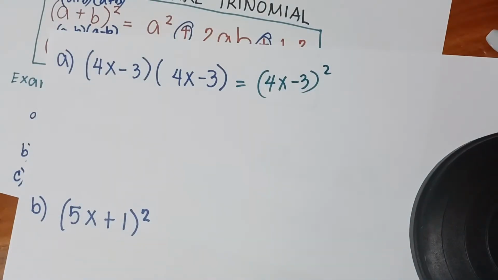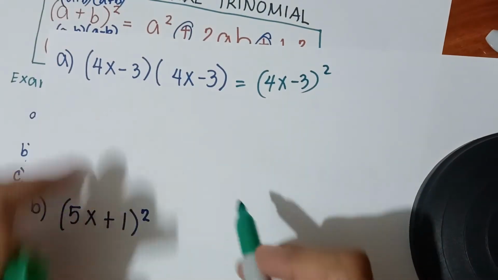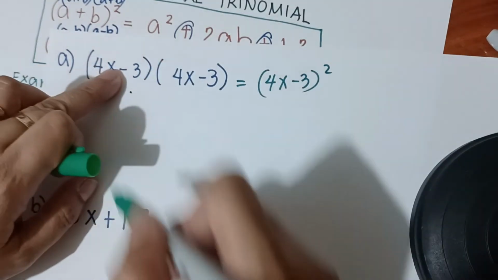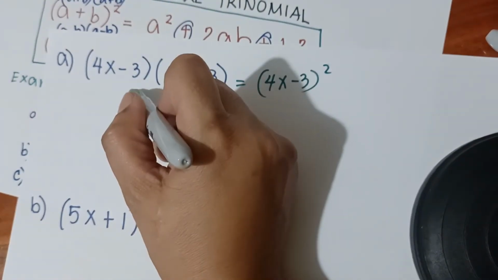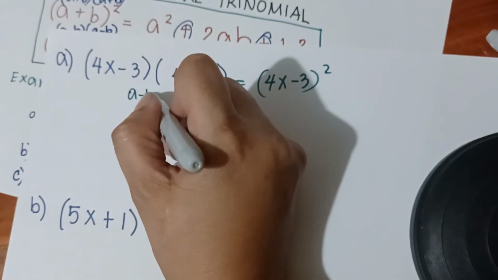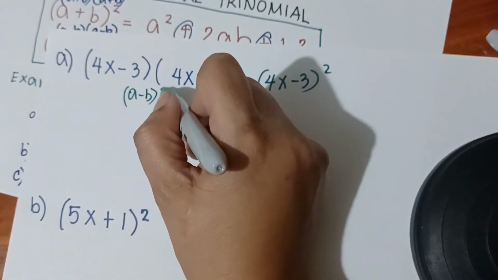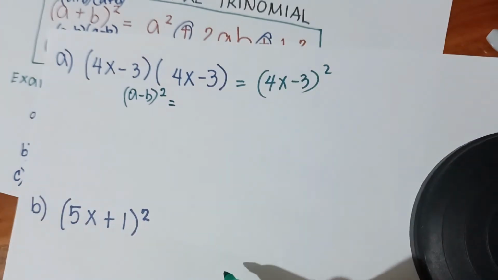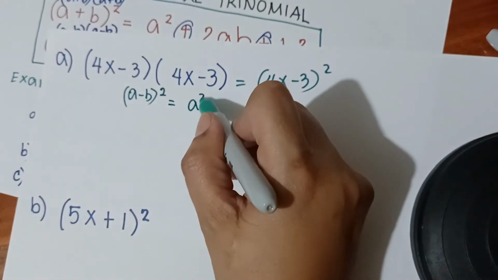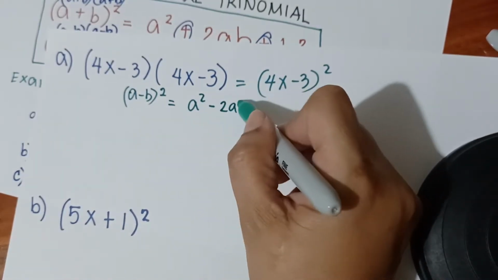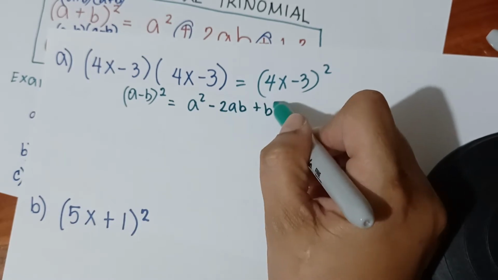At ano yung formula natin? Our formula for this is, since minus siya, so ang formula na gagamitin natin will be a less b squared is equal to a squared less 2ab plus b squared.